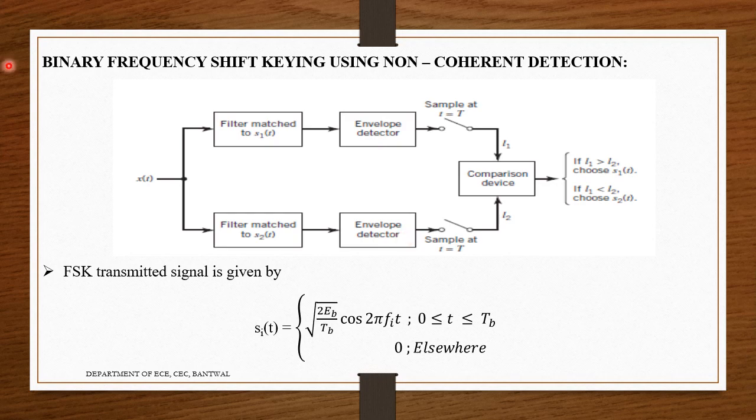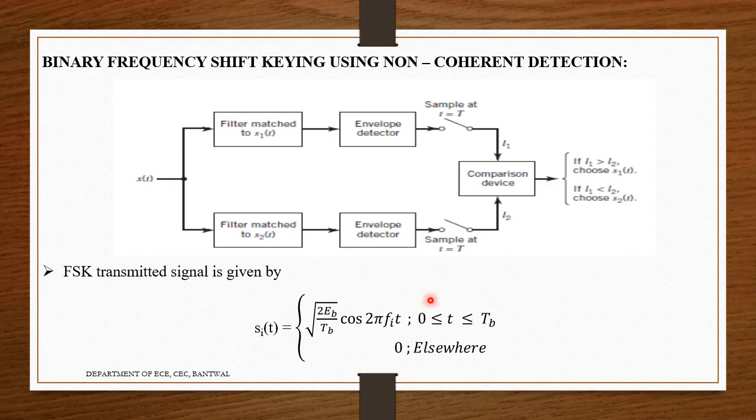If a bit with frequency F1 has been sent, only this signal will pass and the other will not, so L1 will be greater than L2. If bit 0 has been sent, only the other signal passes, so L2 will be greater than L1. So the filter plays the big role here.